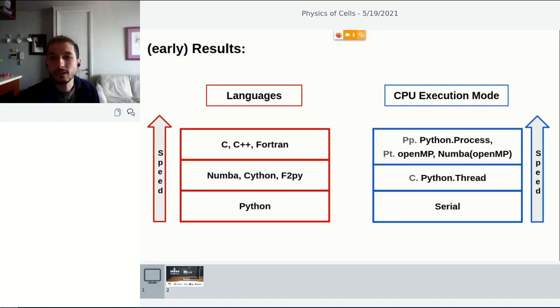So OpenMP is not a programming language like CUDA. OpenMP is just a directive that you put inside C or Fortran code.